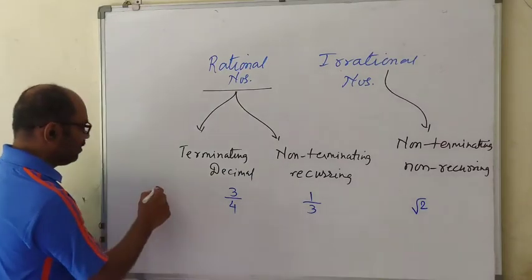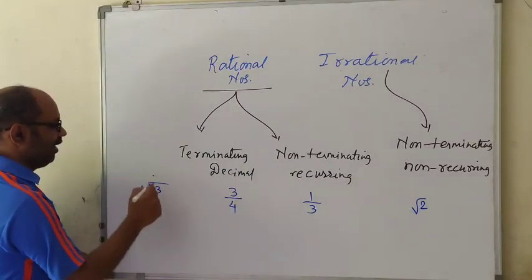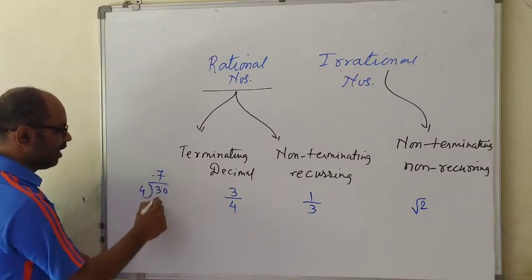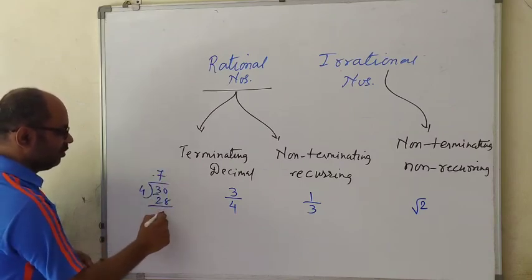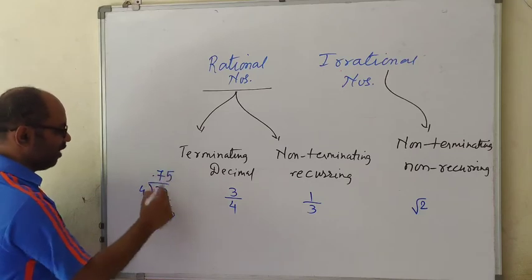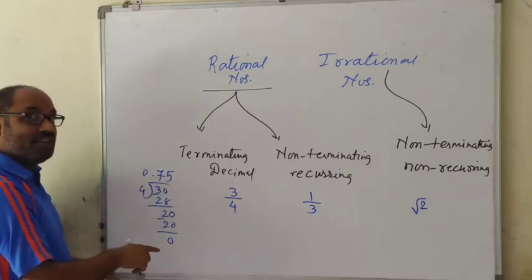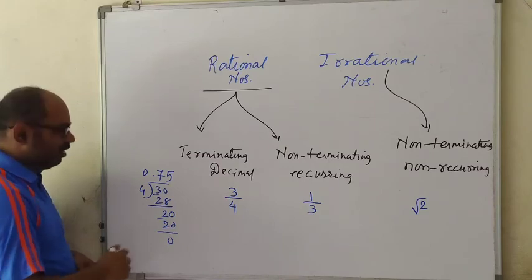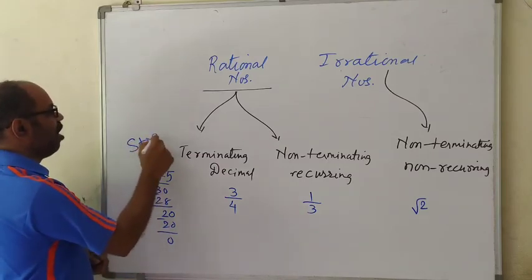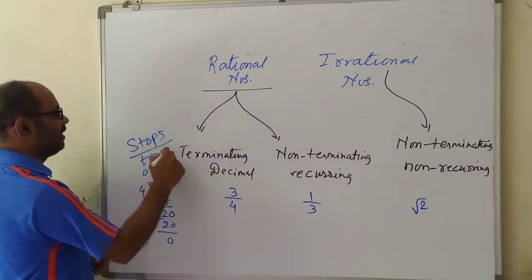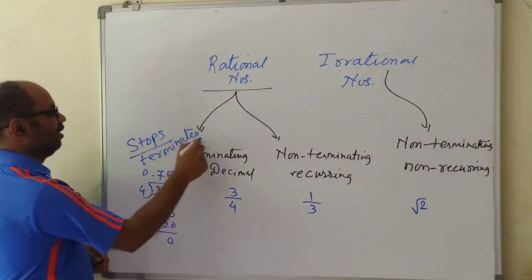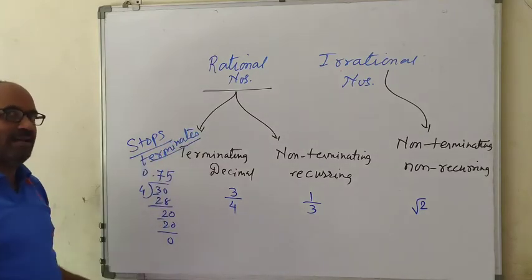I'll divide this 3 by 4. 0.0. 4 sevens are 28. 2 0. 4 5s are 20. 0. So the division stops. Stops means terminates. The other English word for stops means terminates.